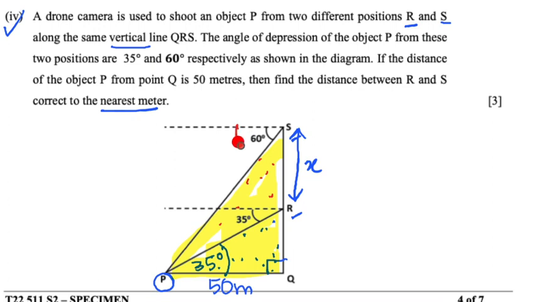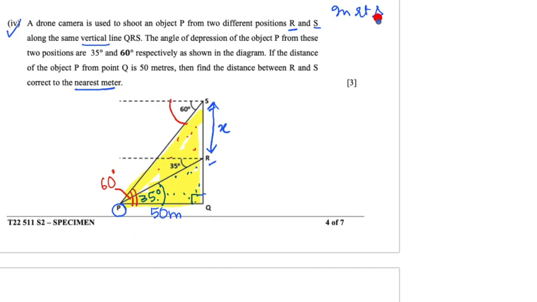If this is 60, then this angle is going to be 60 degrees in the yellow triangle. Okay, so when we are writing our solution in right triangles, we'll take the small one first. So that is PQR, and we have to connect this 50 with this X. So we will take QR because QR is part of SRQ.